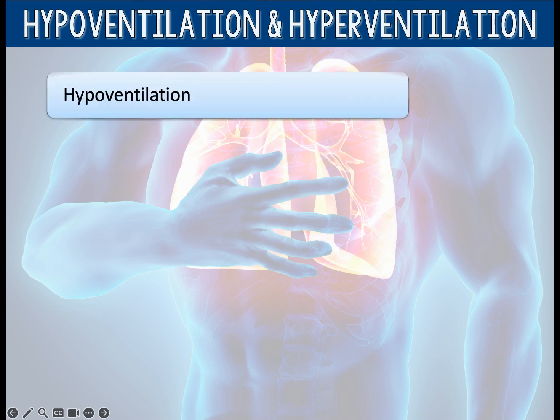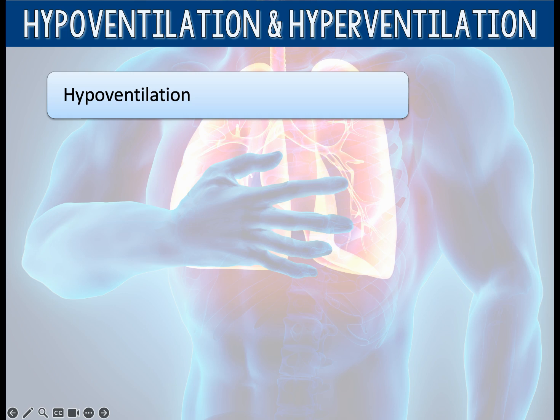Hypoventilation occurs when there is not enough delivery of air to the alveoli. Because you don't have enough air in the alveoli, you don't have enough oxygen delivered there, and it's not sufficient to remove CO2. Remember how I said that when you're respiratorily depressed, that means you're not breathing out CO2, so it accumulates in your bloodstream.